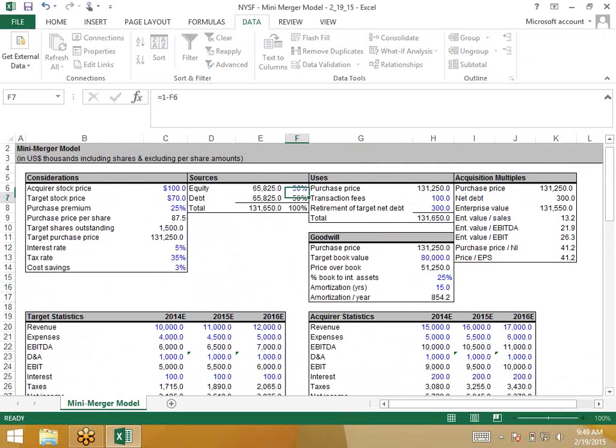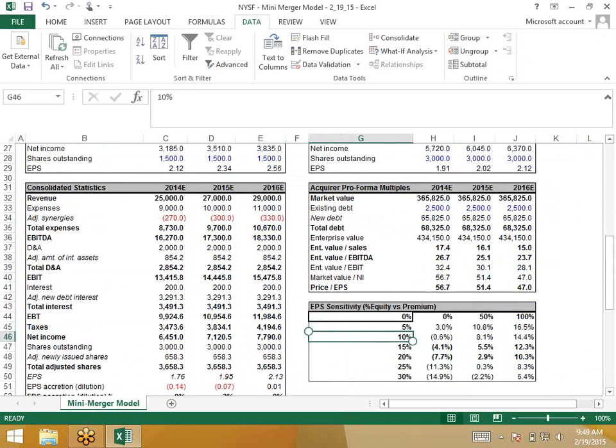Okay, so as we increase in premium, what happens? EPS more diluted. Does that make sense? So it means if you increase 10%, then 50%.